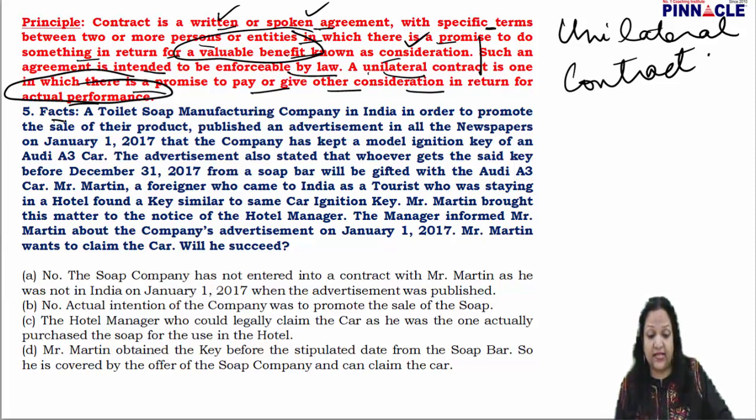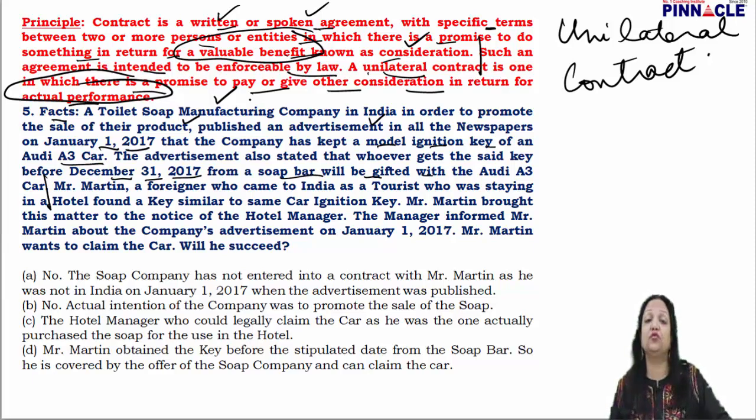Now we have the facts here. A toilet soap manufacturing company is there in India. In order to promote the sale of their product, they gave an advertisement in all newspapers on January 1st, 2017. The company has kept a model ignition key of an Audi A3 car. The advertisement also stated that whoever gets the said key before December 31st, 2017 from a soap bar will be gifted with the Audi A3 car.